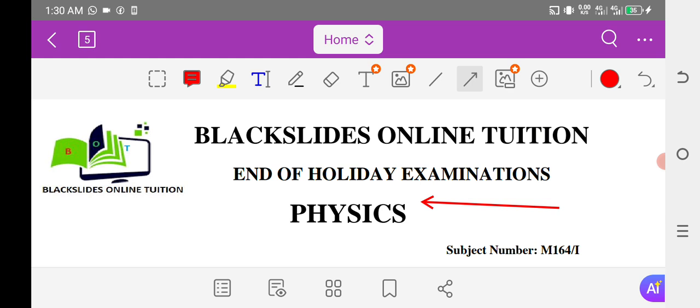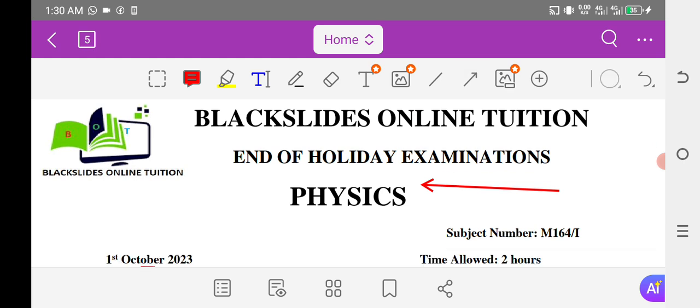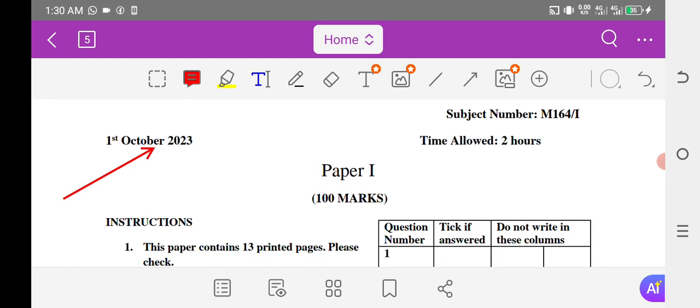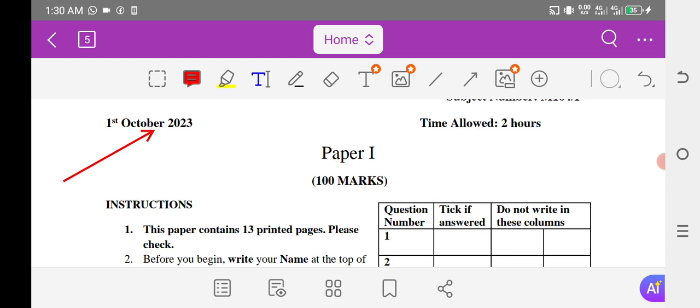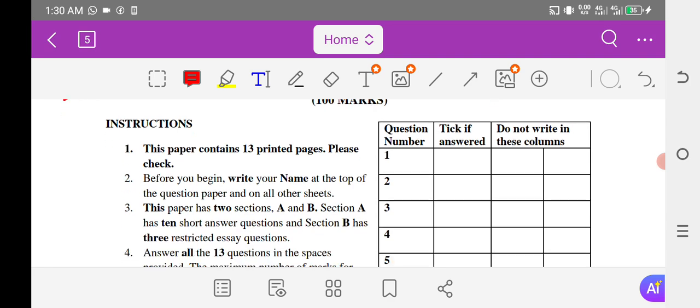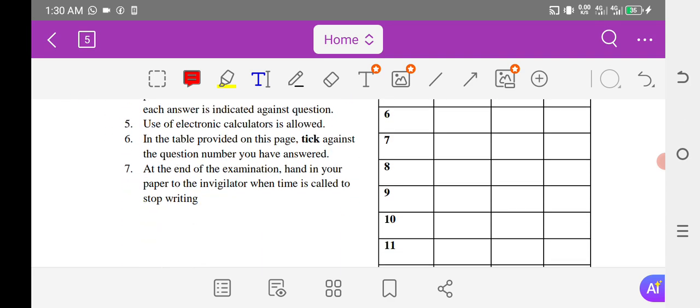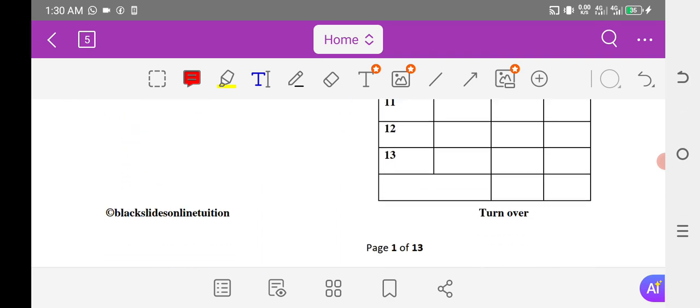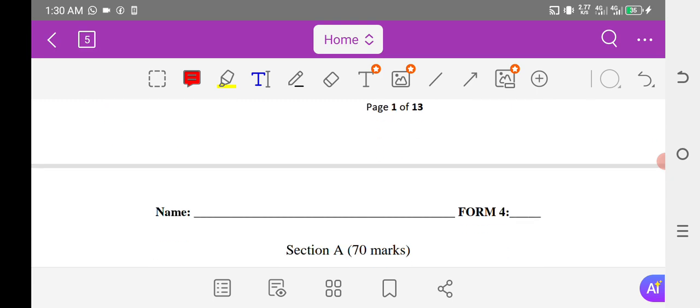It's a complete paper to be written in 2 hours, just like the MSCE paper. So we are going to go through this paper together.